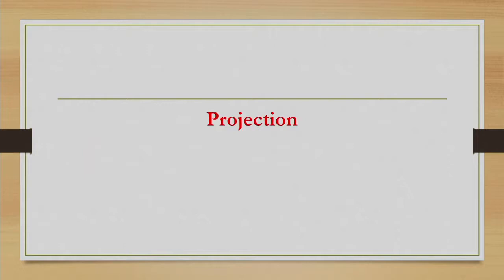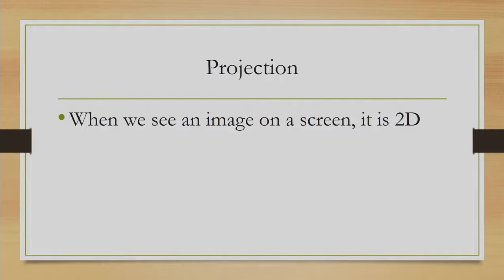Let us try to understand the basic idea behind projection before we discuss the projection transformation. So, why we require projection? We all know when we see an image on a screen, it is a 2D image. The image is displayed on a 2D computer screen.